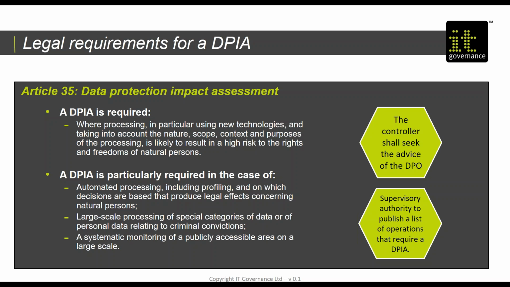GDPR doesn't say DPOs, so clearly a DPIA is necessary. It doesn't say DPIAs only have to be carried out by large organizations. DPIAs are applied in circumstances where organizations are doing certain types of activity. So, Article 35, the controller has to seek the advice of the data protection officer.